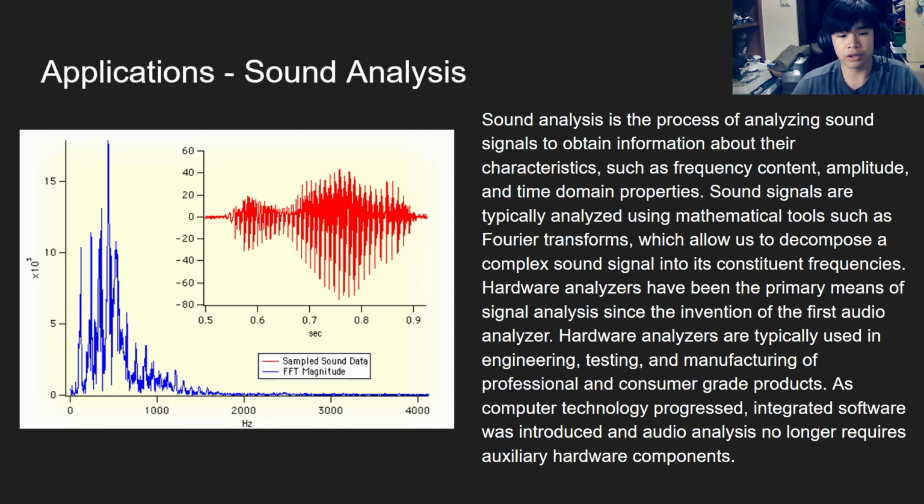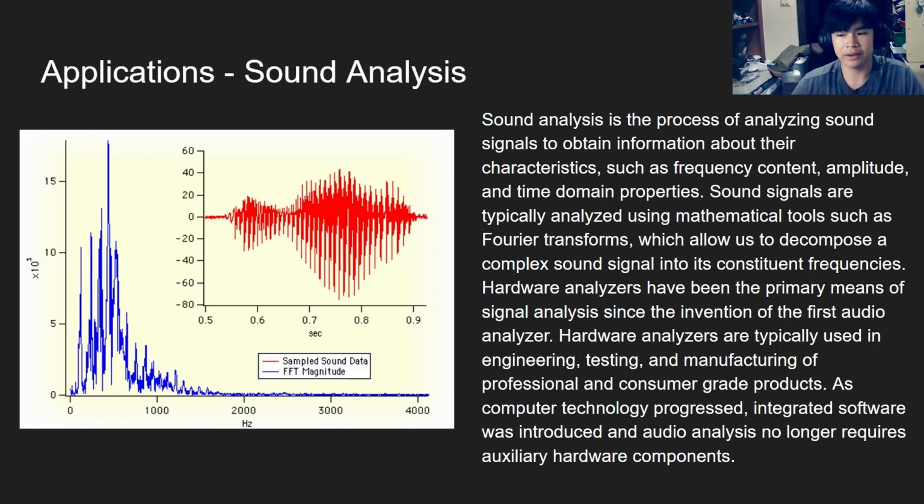Instead, software audio analyzers are now regularly used in various stages of music production, such as live audio, mixing, and mastering. This software often uses the fast Fourier transform, and in using it, we can obtain a frequency spectrum of a sound signal, which represents the energy of the signal at each frequency.